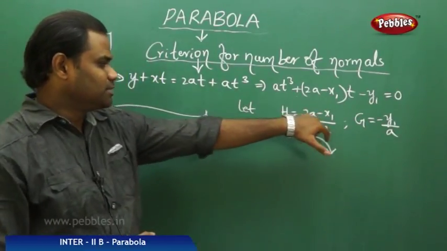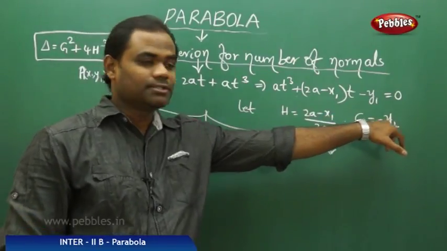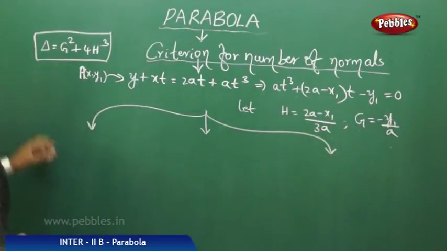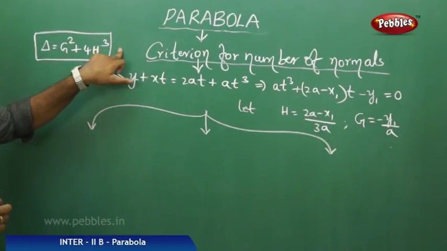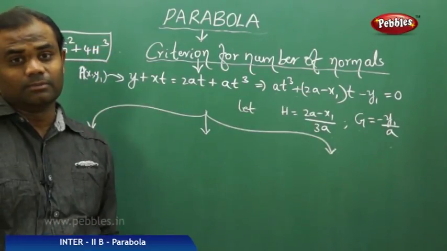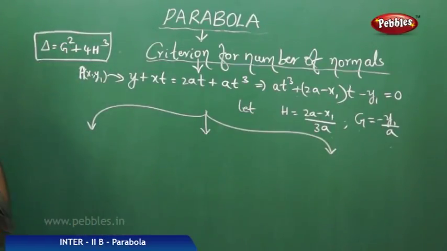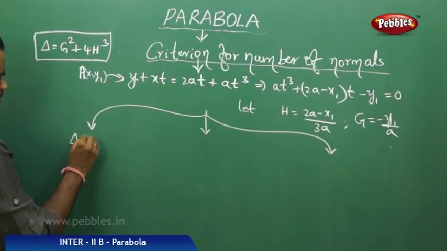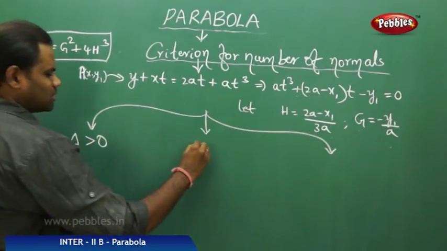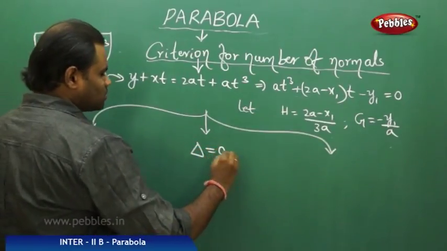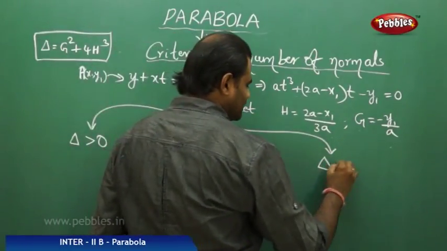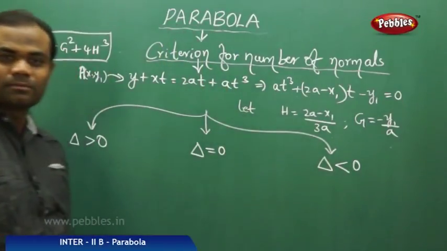So now that I have h equals (2a minus x1) by 3a and g equals minus y1 by a, my delta is given by the formula g squared plus 4h cube, the proof of which is beyond the syllabus. Assuming delta, I have the first case delta greater than 0, the second case delta equal to 0, or delta less than 0.